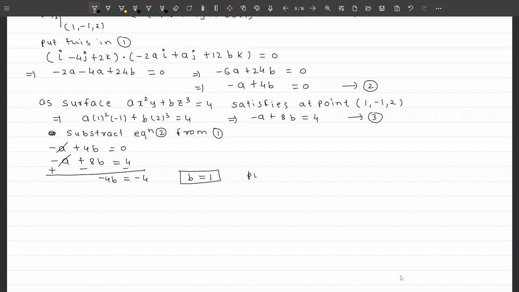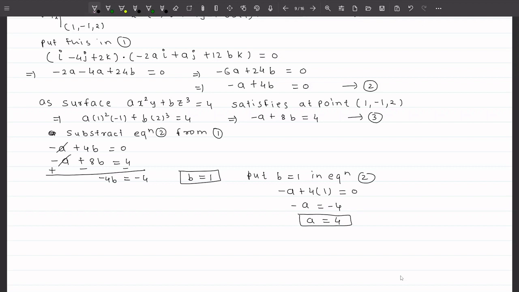So put b equals 1 in equation number 2. So −a + 4b, where b is 1, is equal to 0. So −a equals −4, so a equals 4.